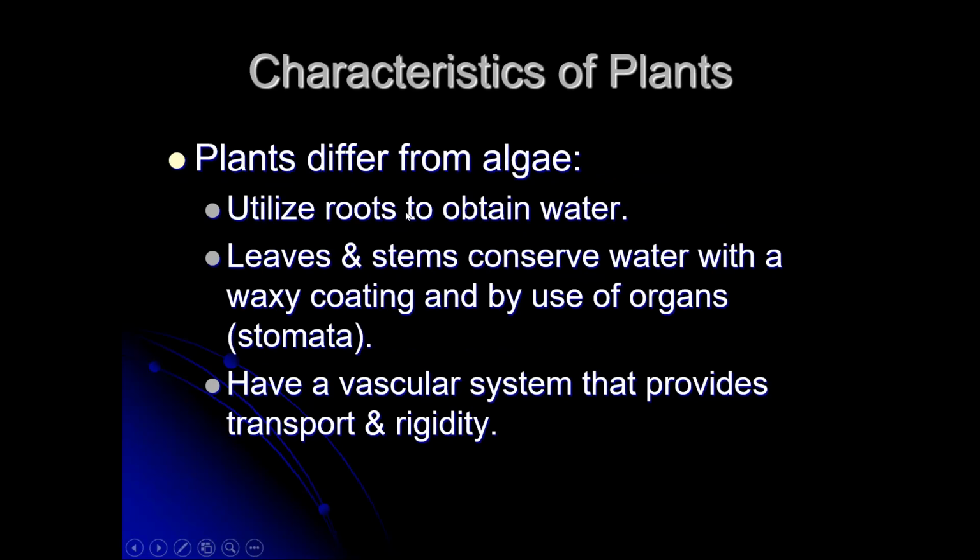The fact that they even have roots is because they're multicellular. They can have specialized and differentiated tissues that do different functions. So roots, leaves, stems, organs such as the stomata that function in gas exchange. These are all the vascular systems, xylem and phloem, made up of different cell types themselves. That's all because they're multicellular.